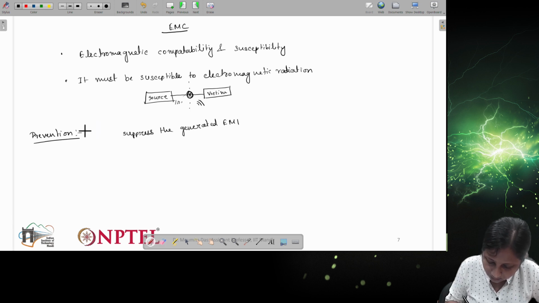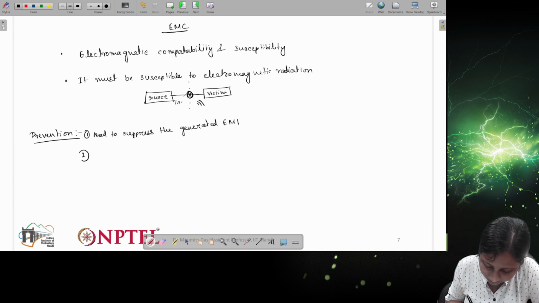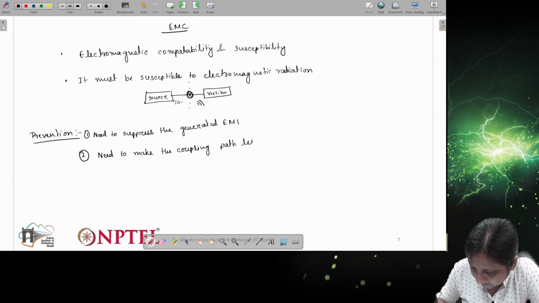The first point is the need to suppress the generated EMI. Second is that we need to make the coupling path less efficient.